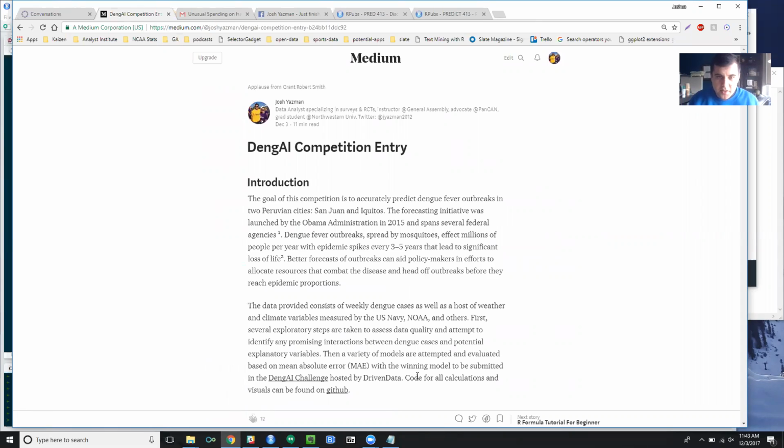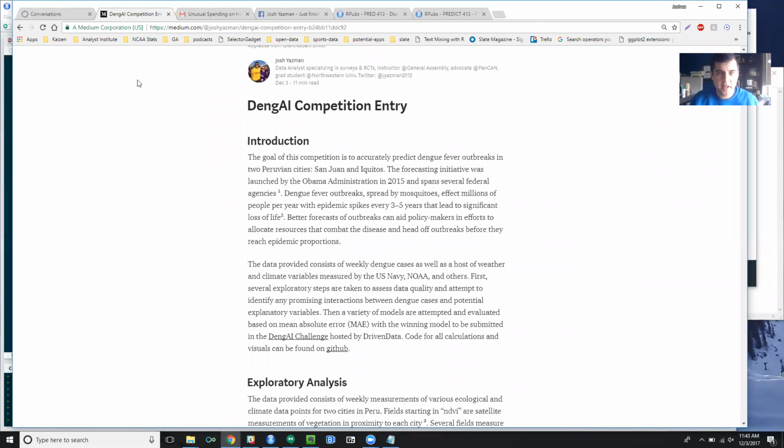As a little bit of introduction, the DengAI competition was initiated by the White House in 2015. Data and a mandate for how this project is executed come from a variety of different agencies.